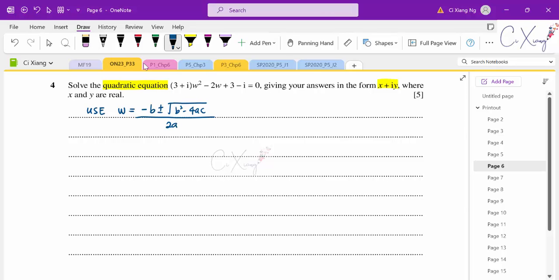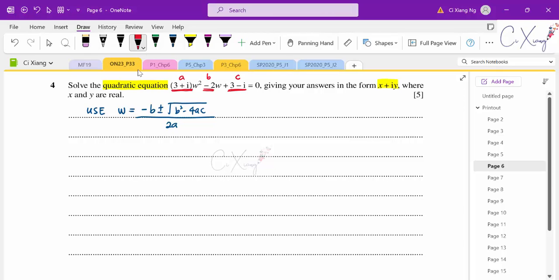Okay, so this is what we are going to use here. And again, we need to know what a, b, and c are. So a is 3 plus i, which is the coefficient of w squared. b is the coefficient of w, which is negative 2. And c is the constant term, which is 3 minus i.